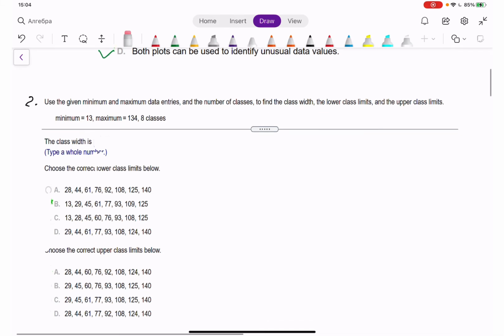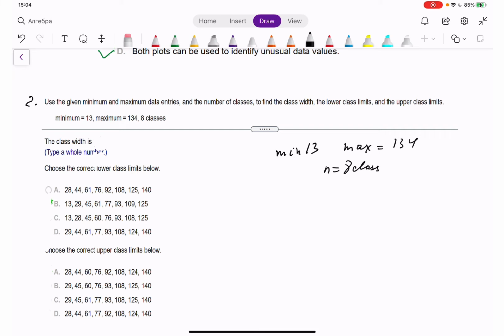So what do we have? Minimum is 13, maximum 134, and in total we have 8 classes.